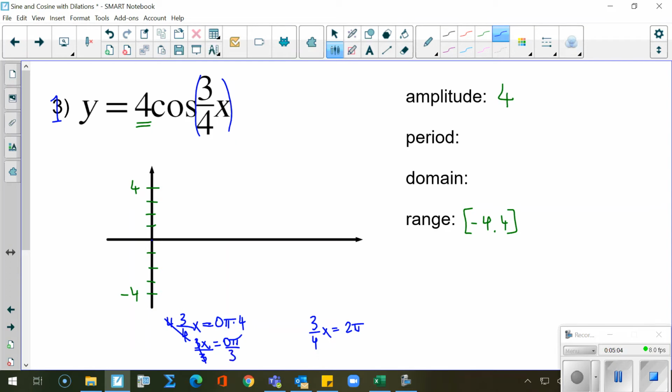We still start at 0 pi. Multiply by 4. And we stop at 8 pi over 3. Ooh, exciting. That makes our domain 0 pi to 8 pi over 3.